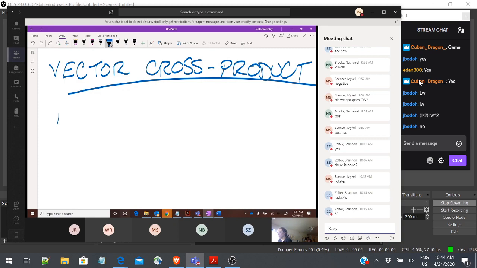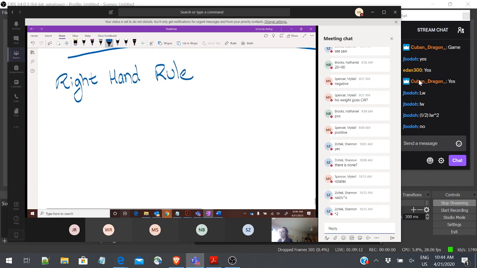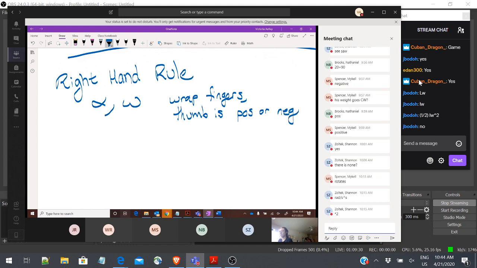We have already talked about a couple of right hand rule things. We talked about omega, where you wrap your fingers and then your thumb is positive or negative, right?